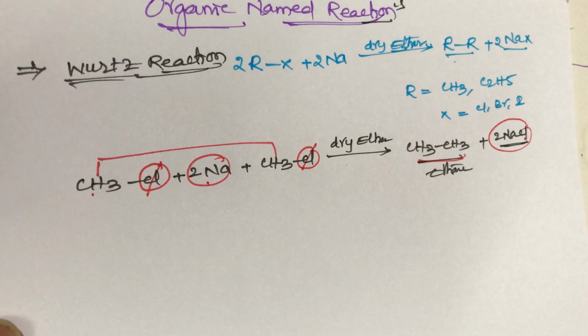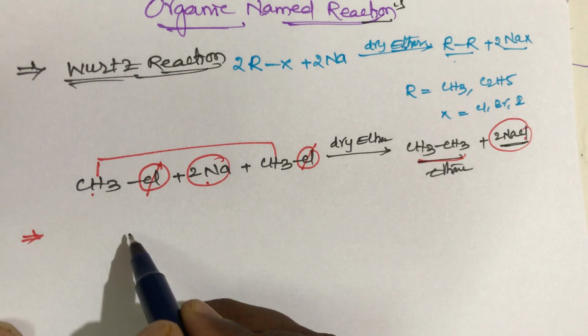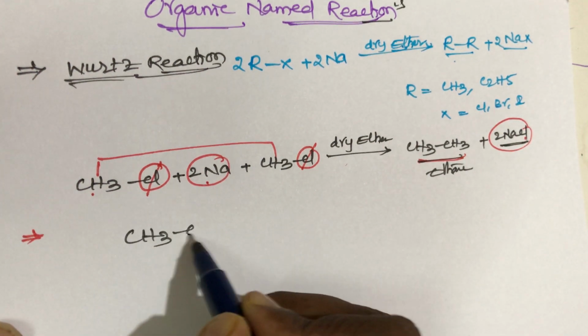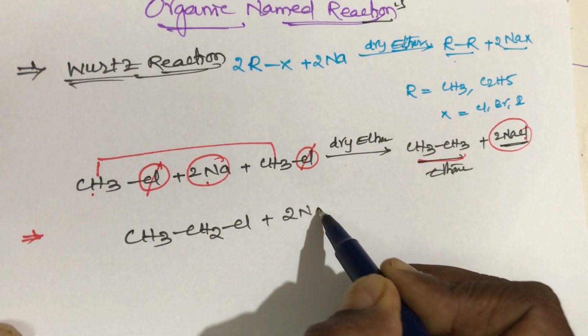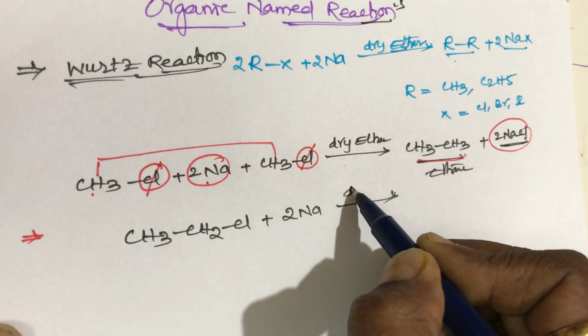Now, one more example for the Wurtz reaction. Take ethyl chloride reacting with 2 moles of sodium in the presence of dry ether.